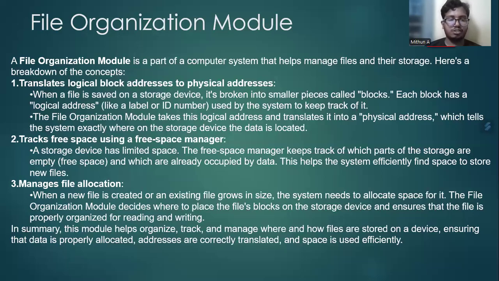The file organization module decides where to place the file blocks on the storage device and ensures that the file is properly organized for reading and writing. So this module helps organize files, tracking and managing where files are stored on the devices, ensuring that data is properly allocated, addresses are correctly translated, and space is used efficiently.